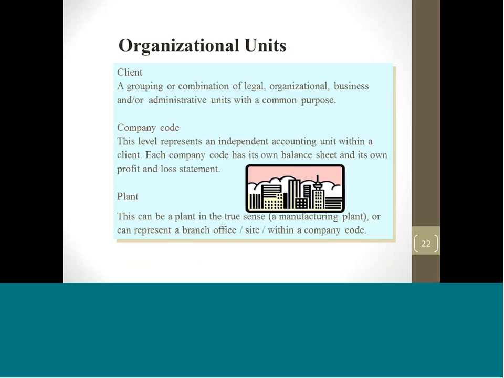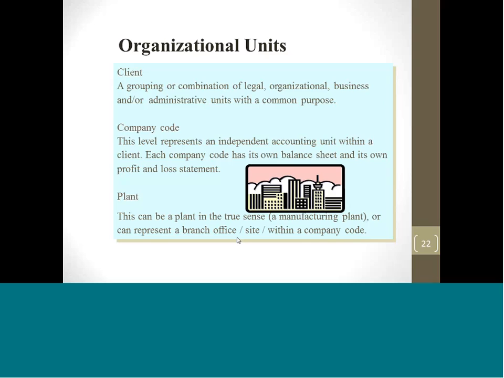Below the company code, you have multiple plants. A plant can be understood in two senses: where a material is manufactured or where it is stored. Sales people have different dealerships where the materials are just stored, and that building can be known as a plant.